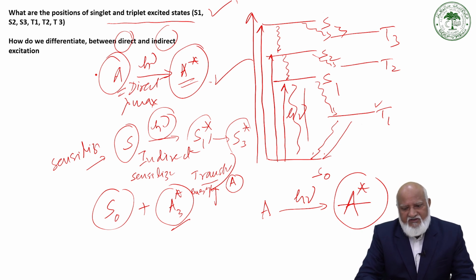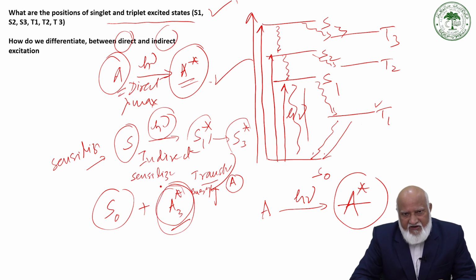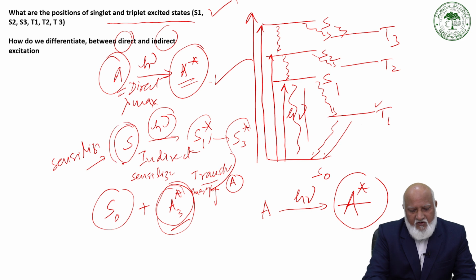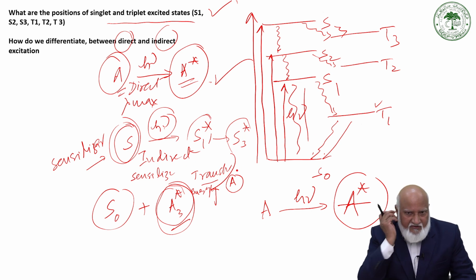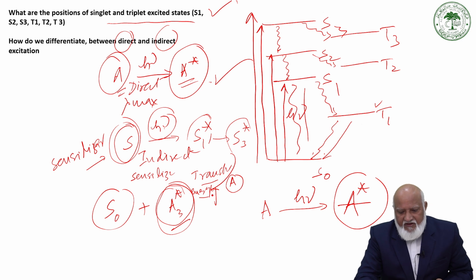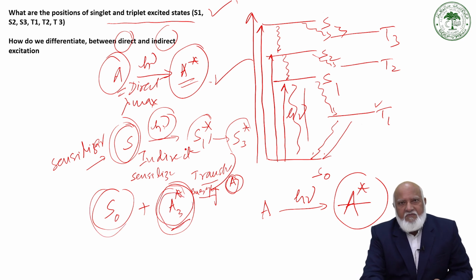Or the molecule can be brought to the excited state by indirect excitation. For this, a second molecule S, called a sensitizer, absorbs light, goes to an excited singlet state, which comes to an excited triplet state through intersystem crossing, and then the sensitizer transfers energy to molecule A, whose photochemistry is to be determined. Molecule A goes to an excited triplet state, and the sensitizer comes back to the ground state. So these are the two different ways.